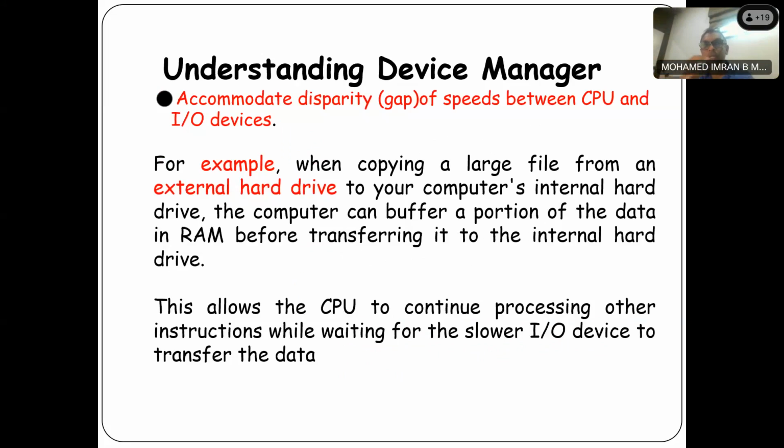Because the speed is low from the external hard disk or the thumb drive, but when it copies to a higher-end, faster internal hard drive, the speed is mismatched. Just imagine another example. You are downloading something from the internet.